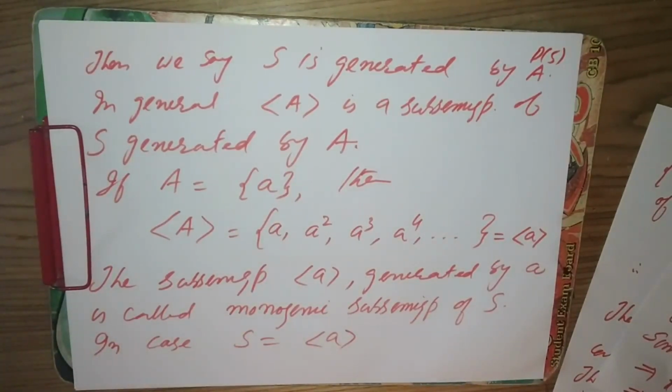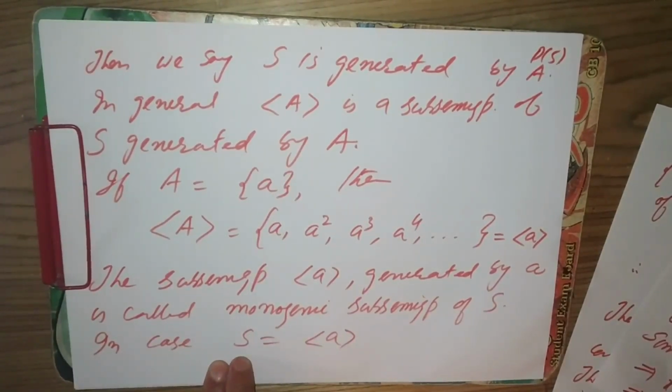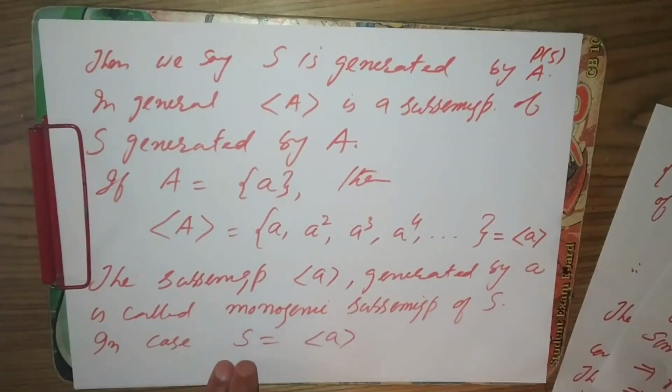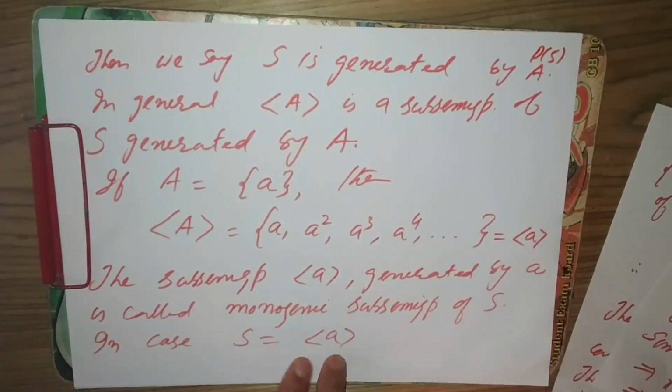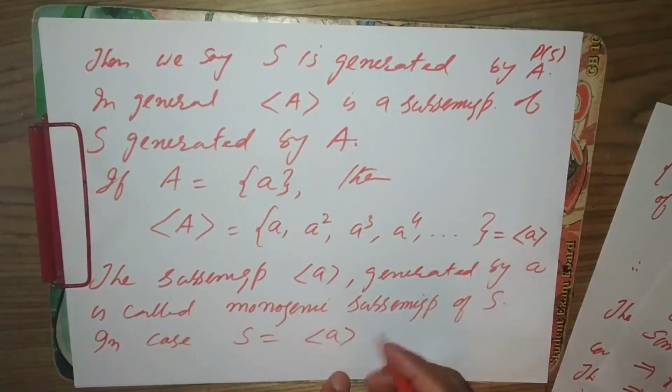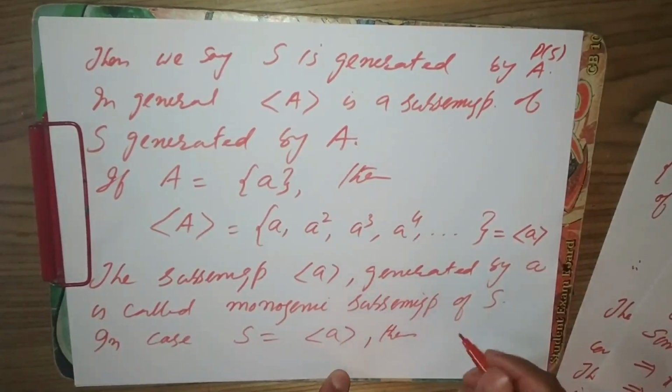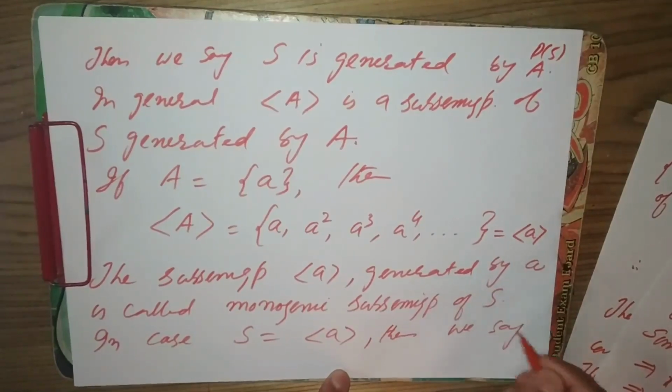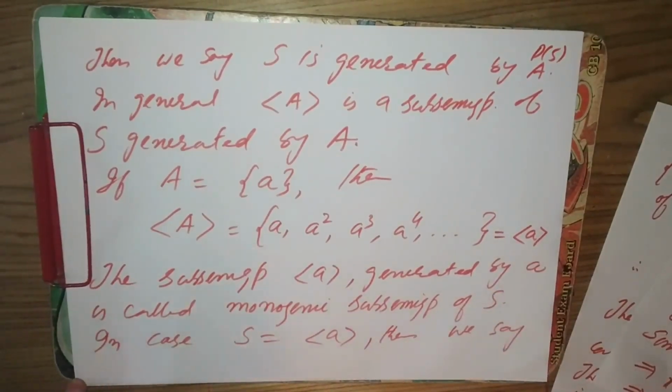So here, if we can find an element A in S such that the subsemigroup generated by A is equal to whole S, then we say S is a monogenic semigroup, or cyclic semigroup.